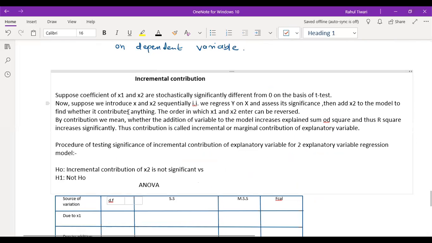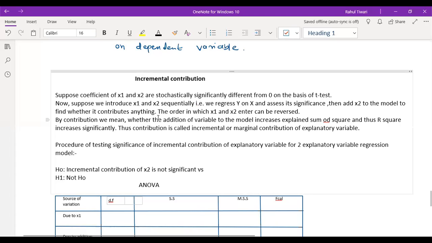Now suppose we introduce x1 and x2 sequentially, that is, we regress y on x1 and check its significance, and then add x2 to the model and find whether it contributes anything or not.